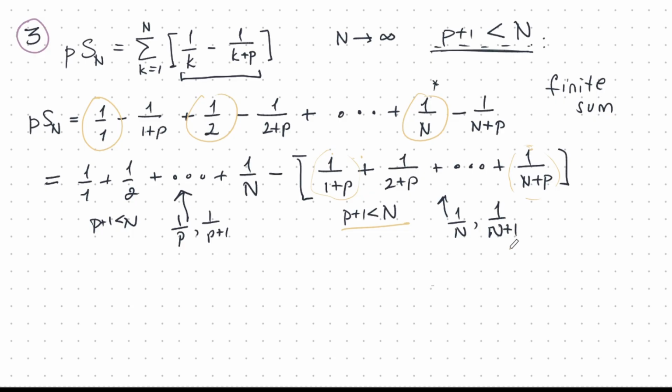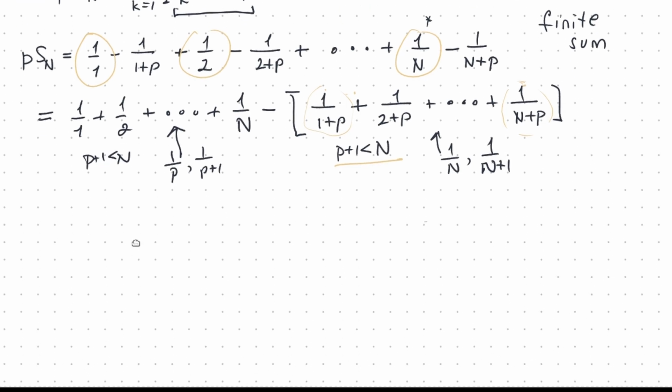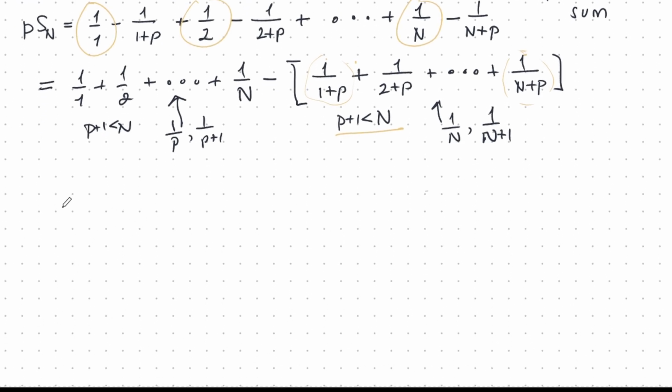Okay, so you just have to sit back and think about this a little bit, but I'm going to write it carefully so you can see how these assumptions work. That's the first part, and because p plus 1 is less than n, this p plus 1th term here is not as far down the line as the nth term. Okay, that's one way to say it.